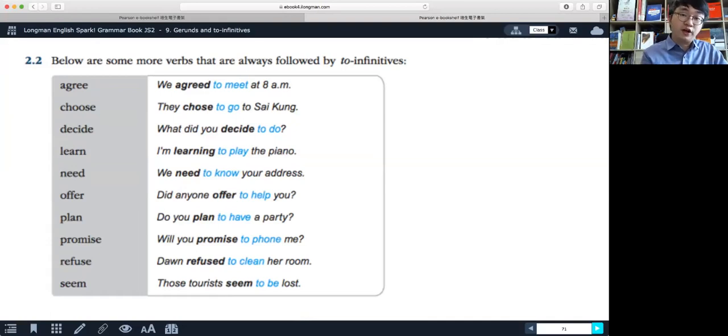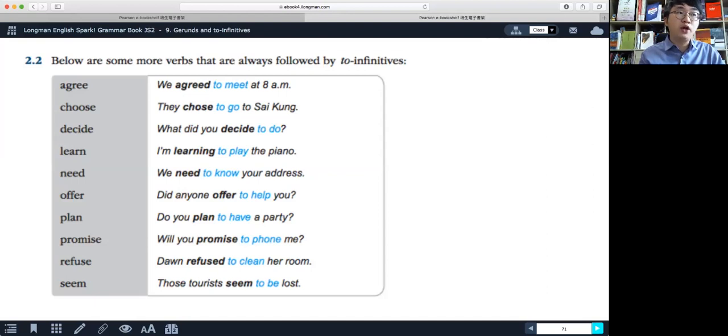You can also find them in the first column in the table on page A10 of your book. So what about the verbs here? Agree, choose, design, learn, lead, offer, plan, promise, refuse, seem. They are verbs which are followed by to-infinitives, not a gerund. So you can see we have a lot of to here.